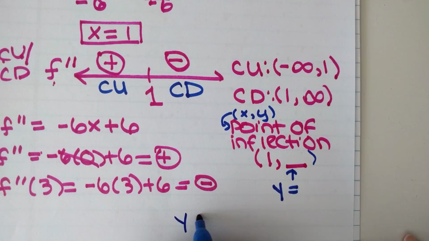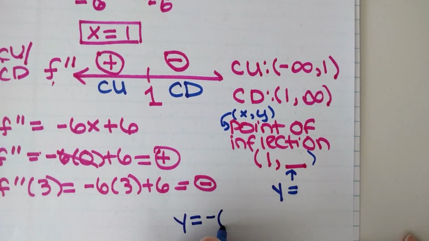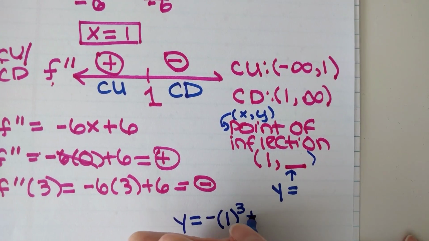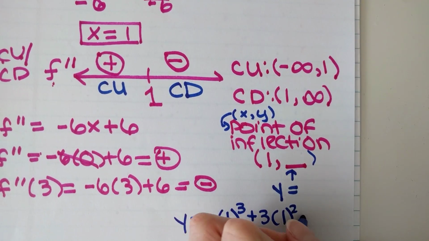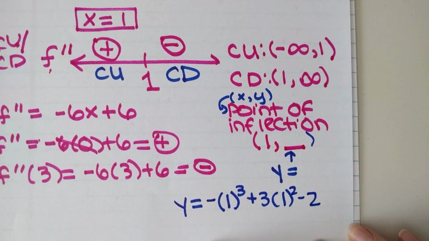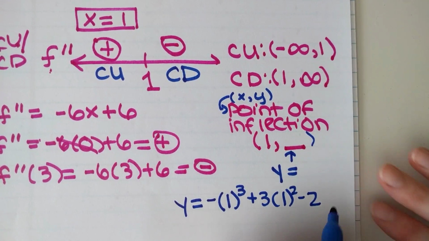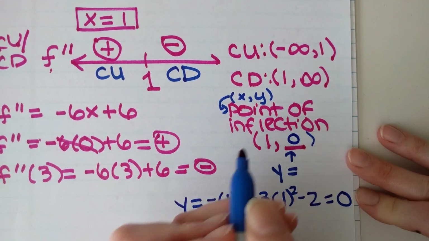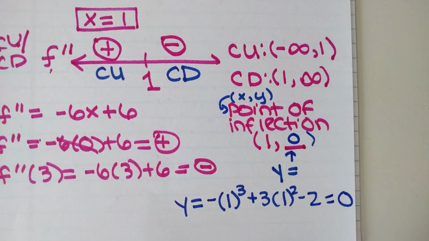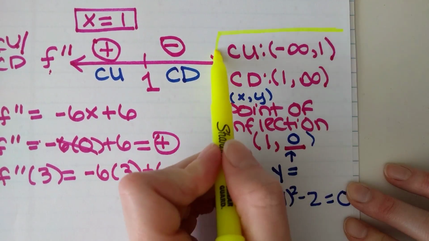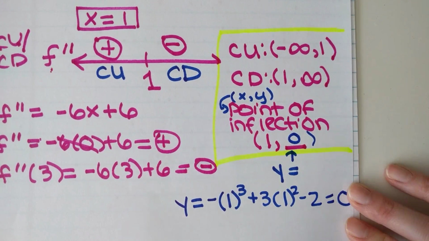So I will take my original function and I will plug in 1. So I'll have negative 1 to the third plus 3 times 1 squared minus 2. And when I simplify that out, I just get 0. But again, anytime you're talking about a point, you need to plug it into the original. So here is our conclusion: concave up, concave down, and then our respective point of inflection.